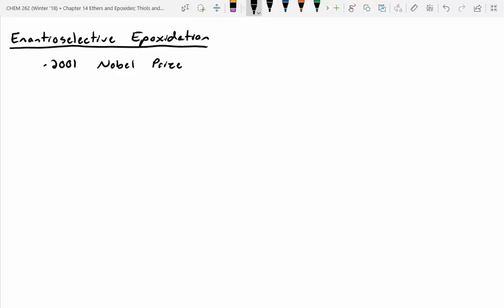One of whom was Barry Sharpless, same guy who did the click chemistry that we talked about in our lab previously. And what he found was that with some types of alcohols, you can actually favor one enantiomer over the other. And I'll show you the alcohols that work. What sort of carbon is this in relation to the double bond?